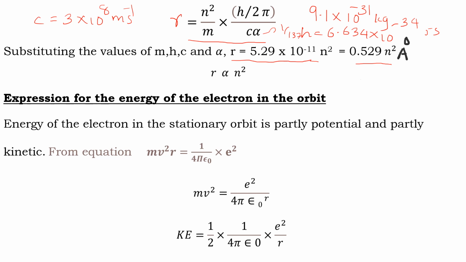That is, the value of r is 0.529 Angstrom, that is 5.29 into 10⁻¹⁰ meter into n square. That is, r is proportional to n square.